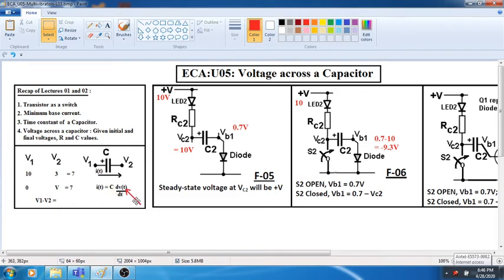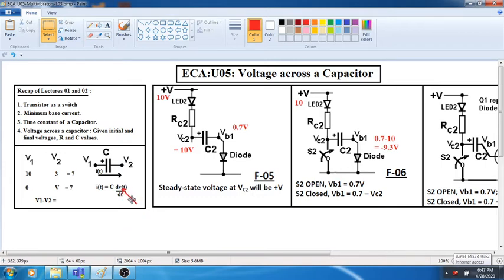Now this relationship we apply in network analysis, and if we use this particular equation, we will be able to understand why the voltage across a capacitor does not change instantaneously. That is the important point we will understand. Now look at this equation.